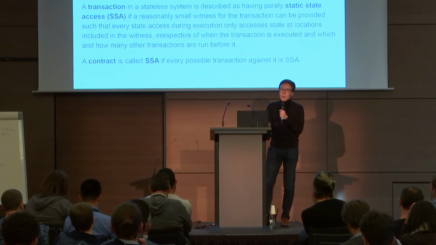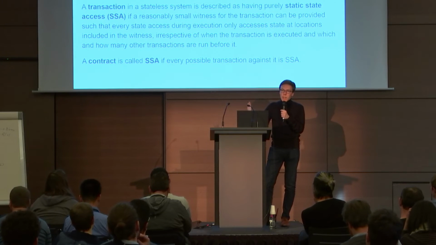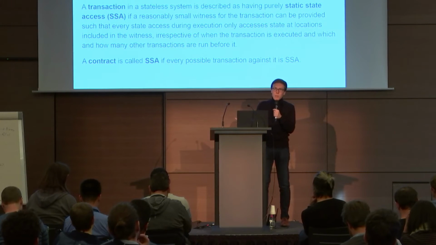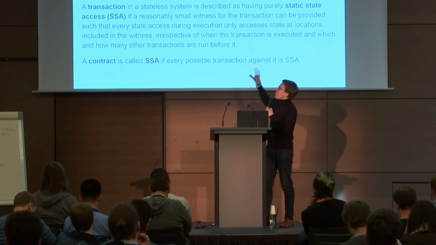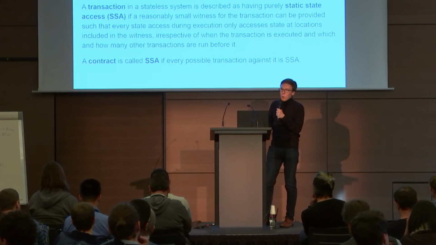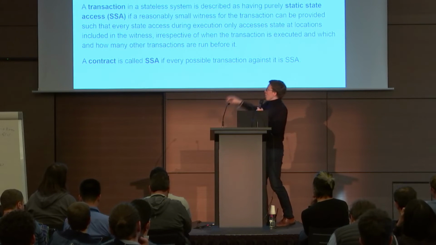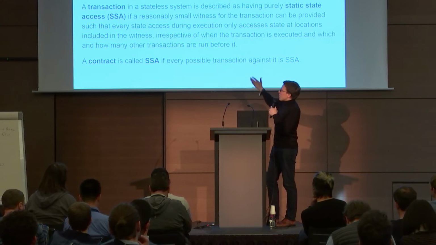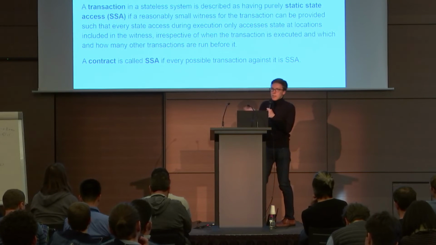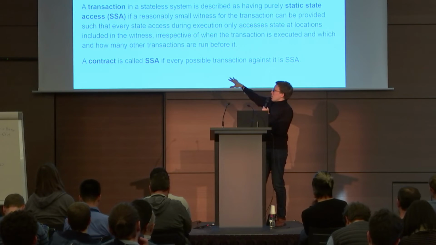You can send it, everything is fine. But if those 10 locations become 1 million, then you can't send a 1 gigabyte witness. So static state access really just means reasonably small witnesses that are always sufficient. And if all possible transactions you could create against a given contract are SSA, then the whole contract is SSA. Our goal for ETH2 would be to have all contracts be fully SSA, if that's possible.